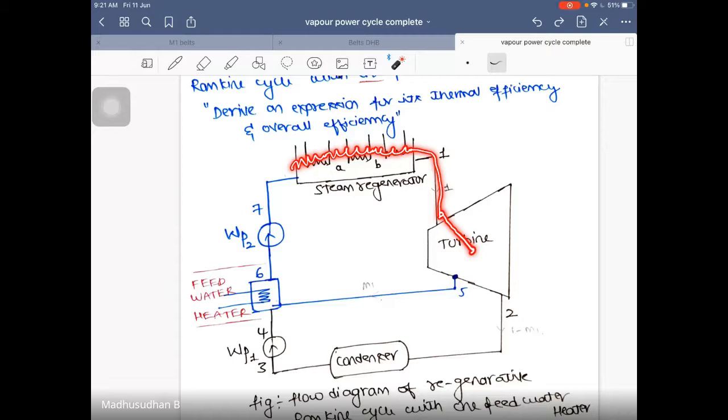And after expansion, whatever is there is again sent back to the heating zone through a feed water heater. It is not allowed to expand completely. It is allowed to expand partially.